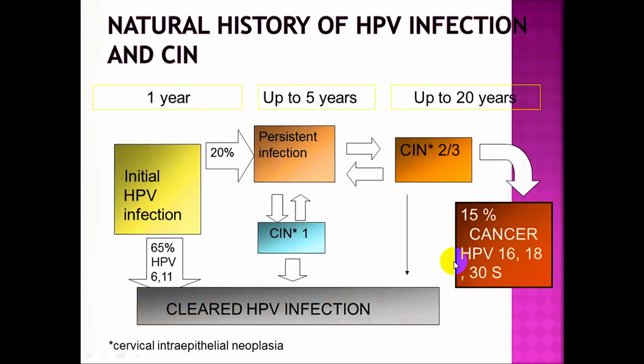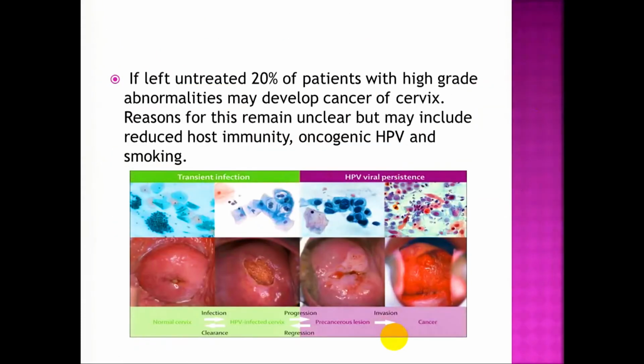Human papillomavirus 16, 18 and 30s either progress to cancer or regress to SIN 1 or cleared human papillomavirus infection. If left untreated, 20% of patients with high-grade abnormalities may develop cancer of the cervix. Reasons for this remain unclear, but may include reduced host immunity, oncogenic human papillomavirus, and smoking.